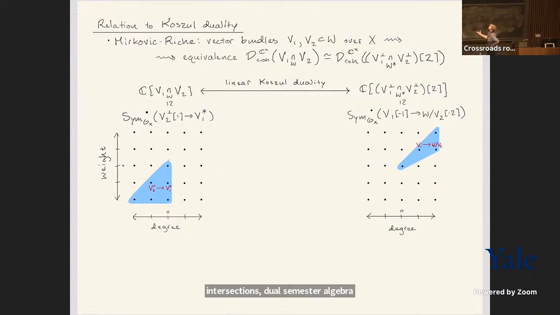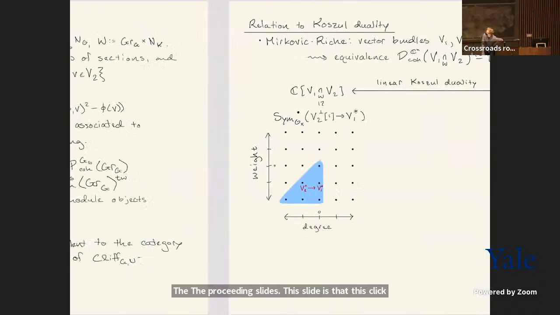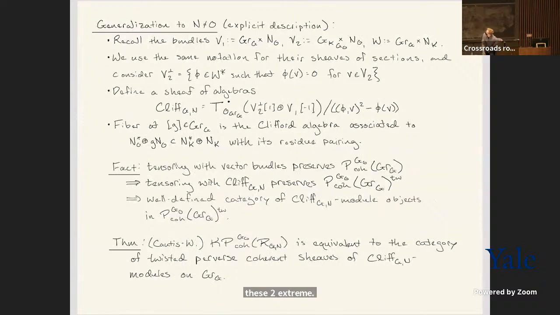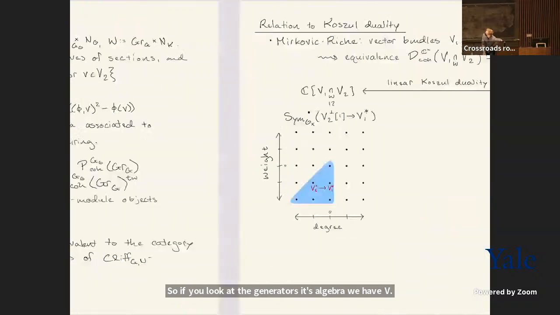And then the relation of the preceding slides to this slide is that this Clifford algebra is an intermediate player between these two extremes. So if you look at the generators of this algebra, we have V2 perp and we have V1 with certain degree shifts.